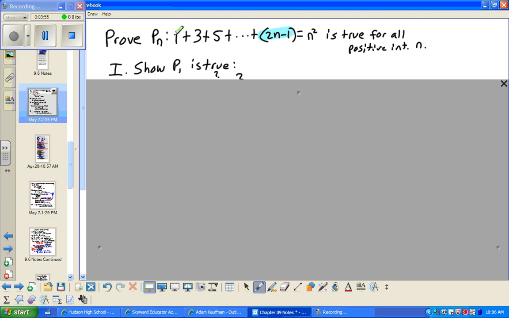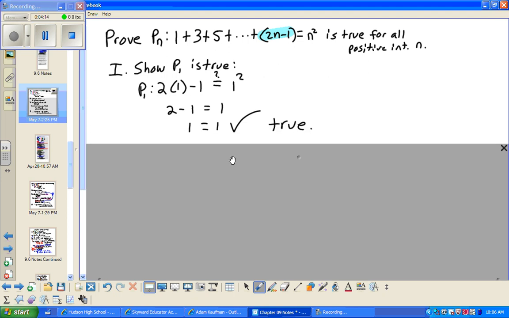It's not that the first term is 1 and that's why I'm plugging in a 1. It's that it's the first term. It's the nth term, the n being a 1. If this number was a 4, you'd still plug a 1 in here. So I plug a 1 in there, and I plug a 1 in for this n, and then I show that the statement does work, that P sub 1 is true.